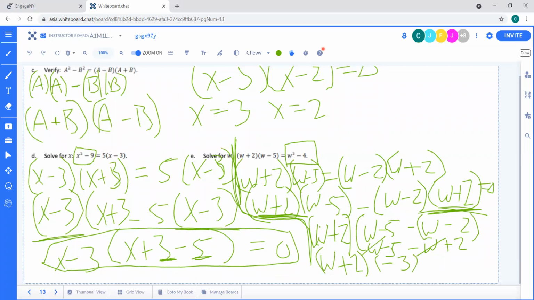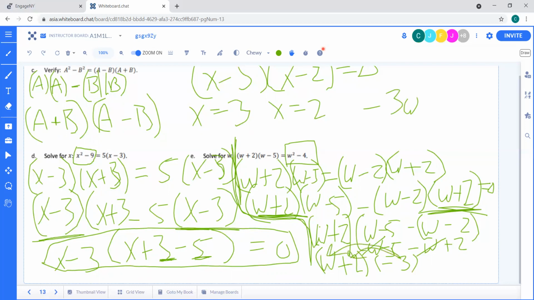Just trying to make sure I did this correctly right quick before we go any further. Okay, so that's going to give us negative 3w minus 6 equals 0 if I distribute that.